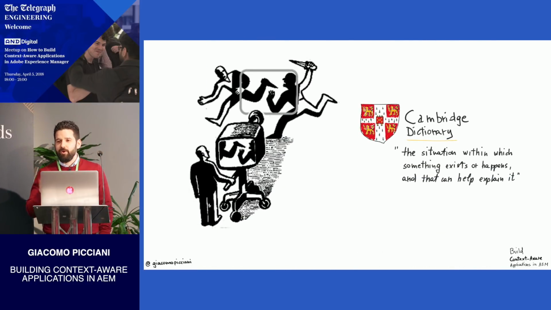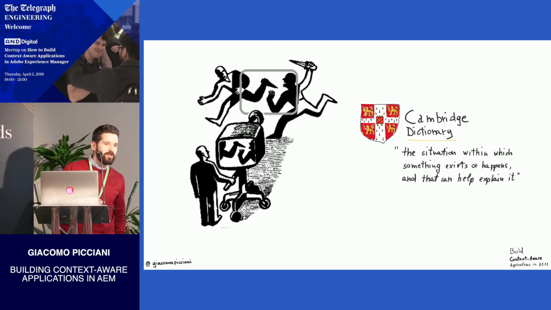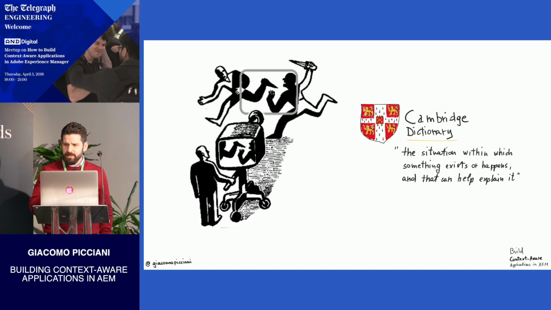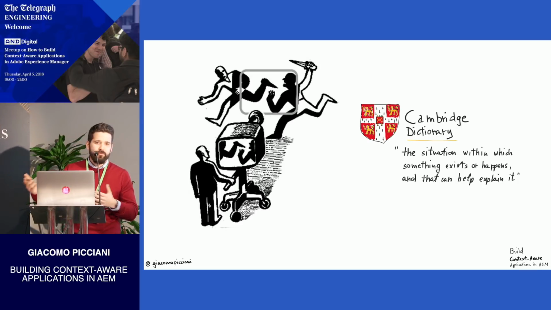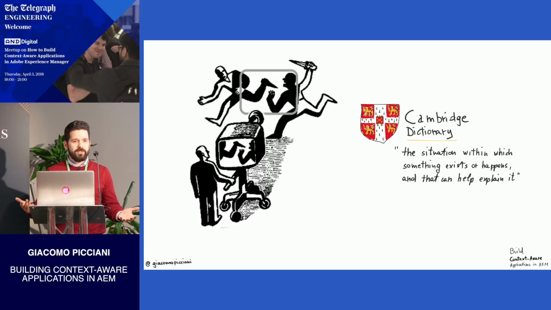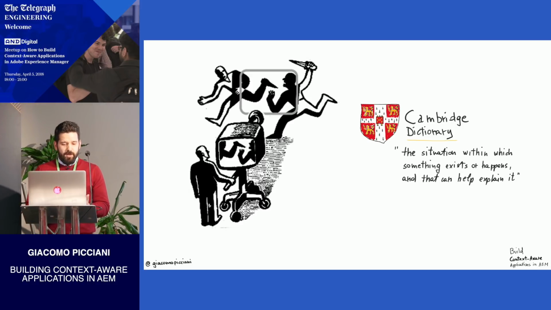We all know that context matters. Context matters in our communication. It's one of the most important things for having the right understanding of a message. When we communicate with friends, when we read an email, when we read an article, context helps us to draw conclusions from events.